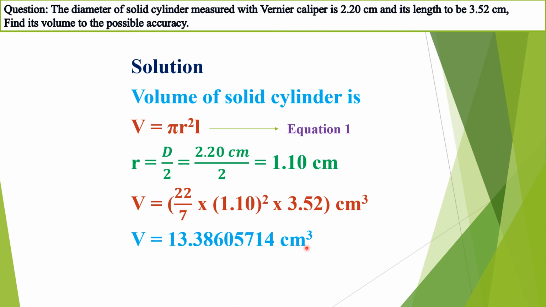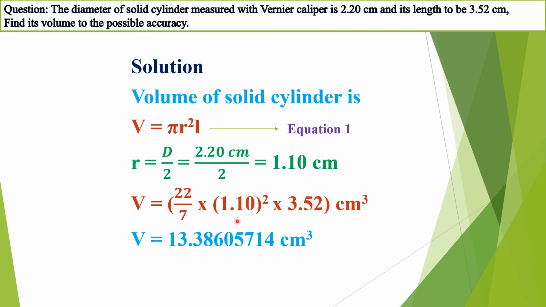13.38605714 centimeter cube. To determine the number of significant figures in the answer, we can apply the rule of multiplication, which we discussed in the rules of finding significant figures in previous slides. According to that rule, when we multiply numbers, the final answer is rounded off to the number of significant figures in the least precise term used in the calculation.